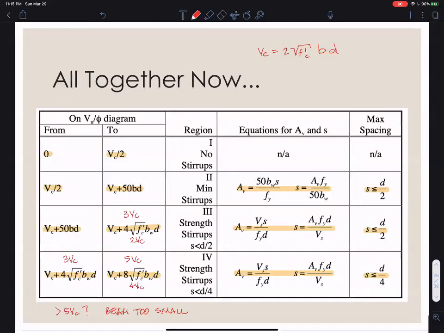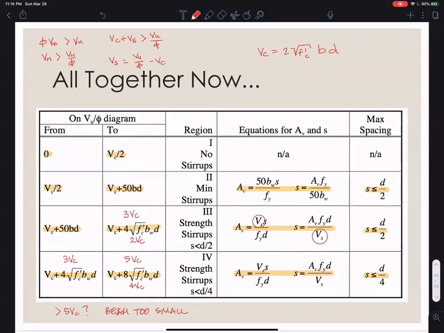Okay, one last thing about this table. What is this Vs in these equations here? Remember, phi Vn has to be greater than Vu, or Vn has to be greater than Vu over phi. And remember that Vn is Vc plus Vs. That means that Vs is Vu over phi minus Vc.